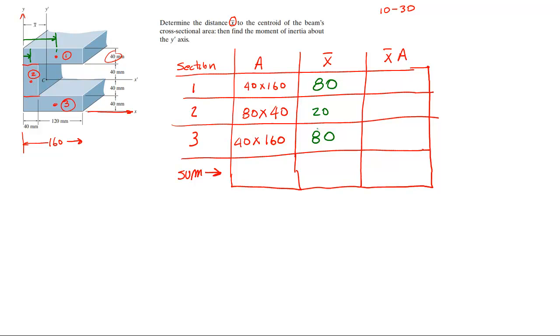Now, what I really need to do is I should have made this a little bit bigger. But what I'm going to do now is do the calculation. Here, I'll show you what I mean. I need to figure out this number times that number goes in that slot.